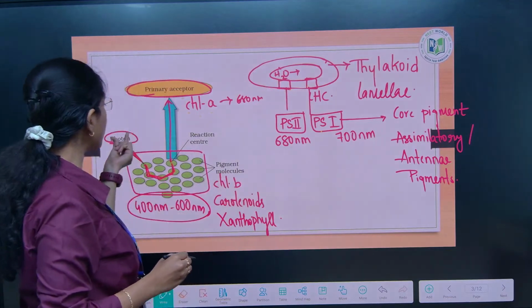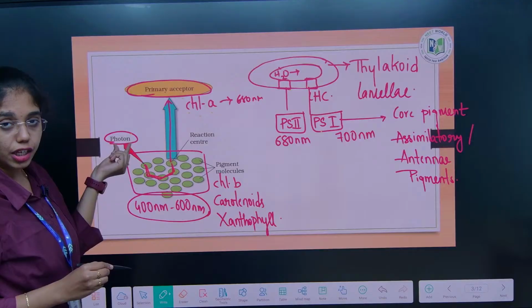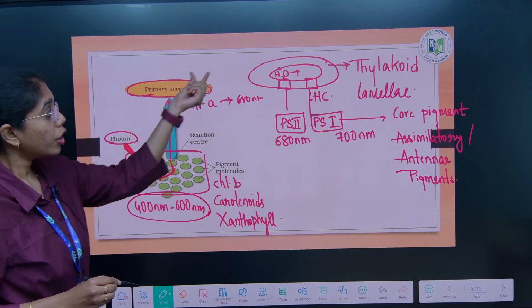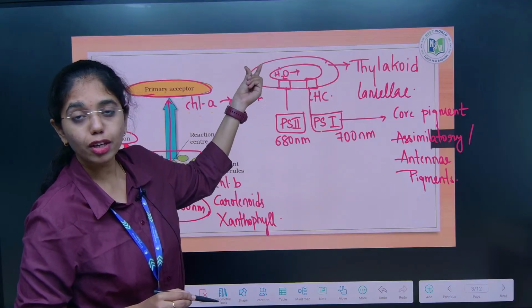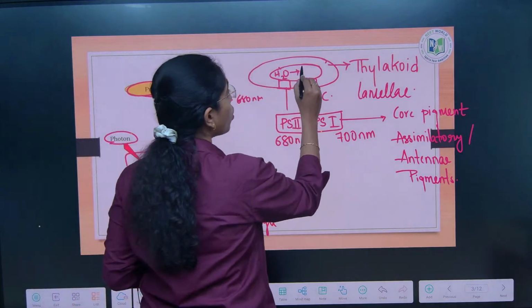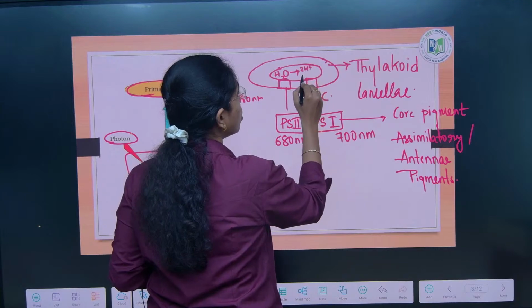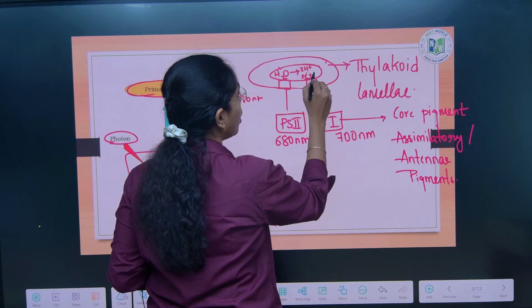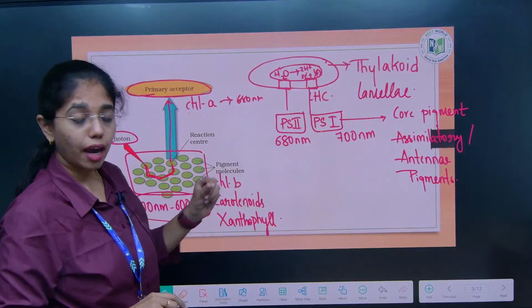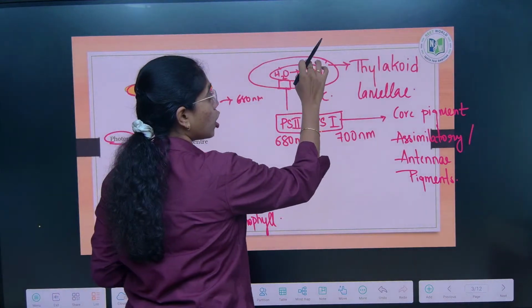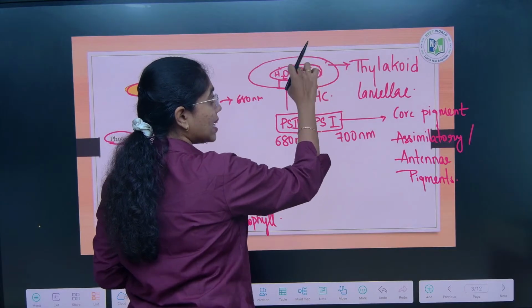Photo means using the energy, that is physical energy in the form of photons. Utilizing that energy inside the thylakoid lumen, the water molecule is broken into 2 protons plus 2 electrons and an oxygen molecule. Got it?